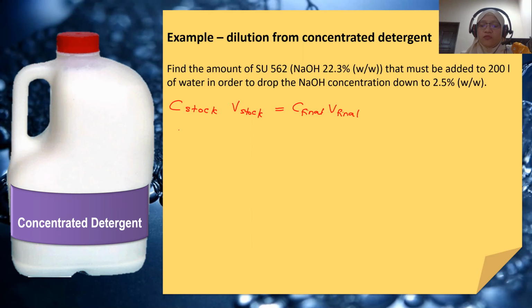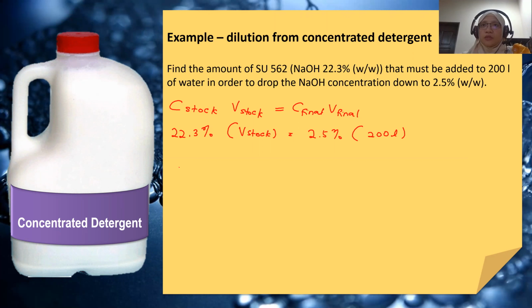So we substitute the information into this equation: 22.3% times V stock equals 2.5% times 200 liter.